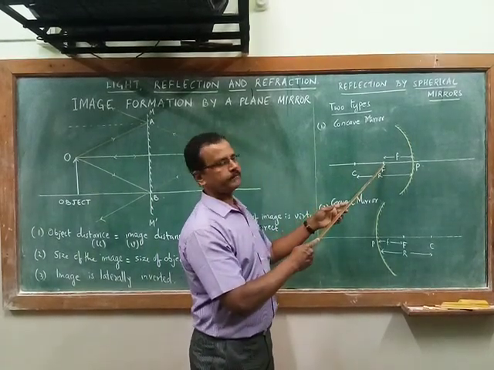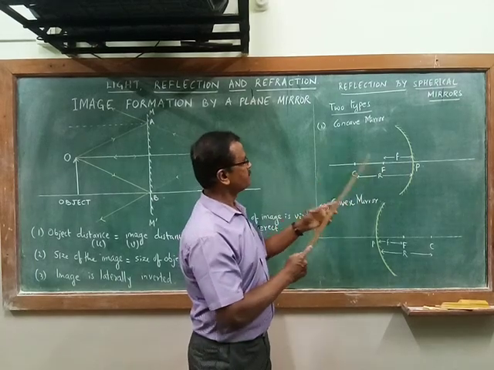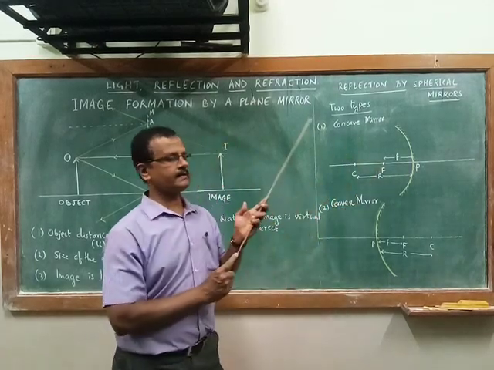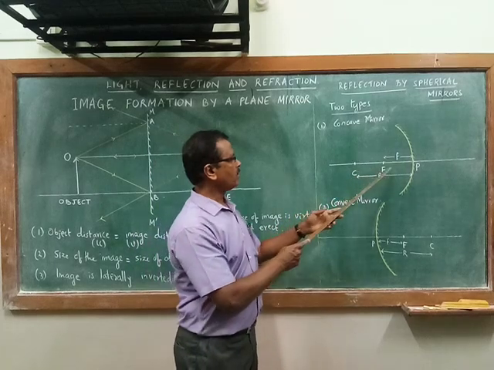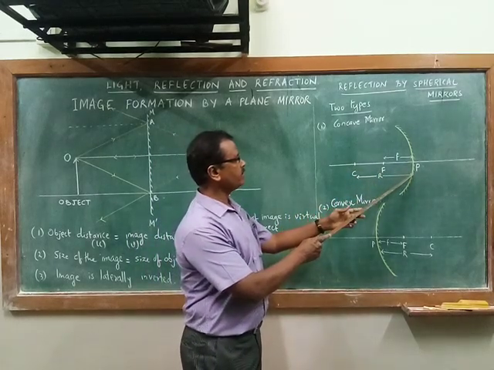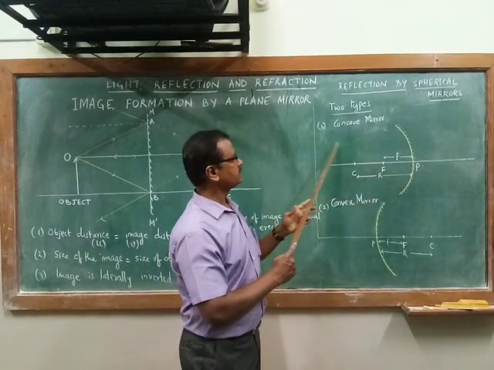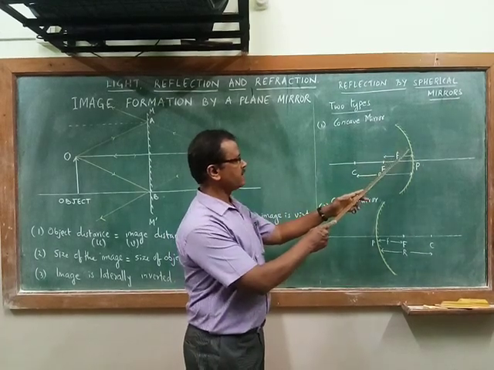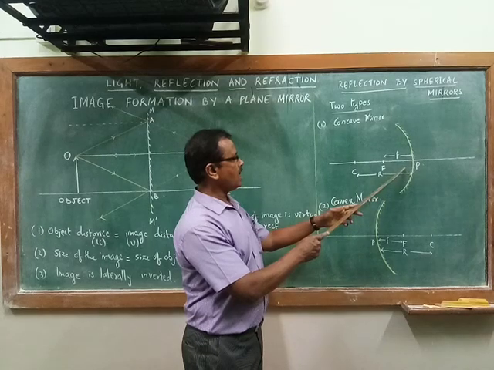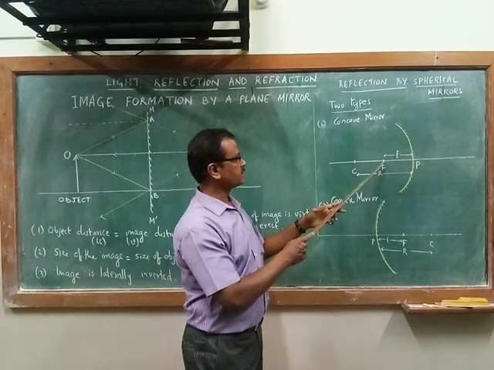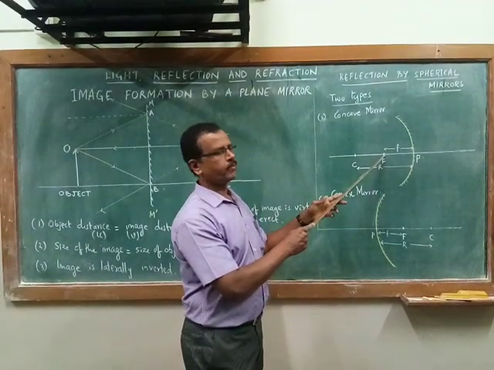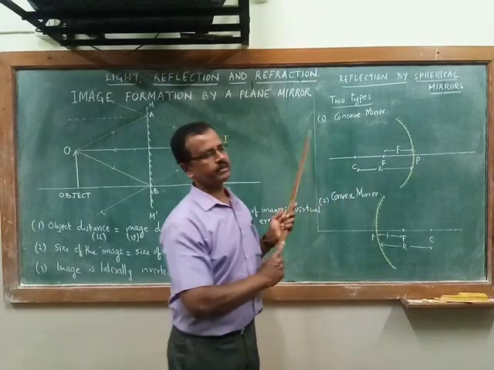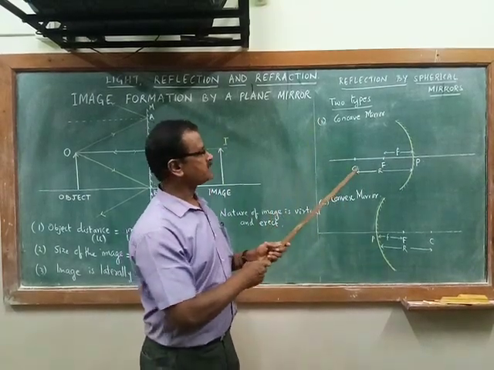So the principal focus is that point in front of the concave mirror at which all the rays which are incident parallel to the principal axis, after reflection, concentrate. They all merge at that point. That point is called the principal focus.